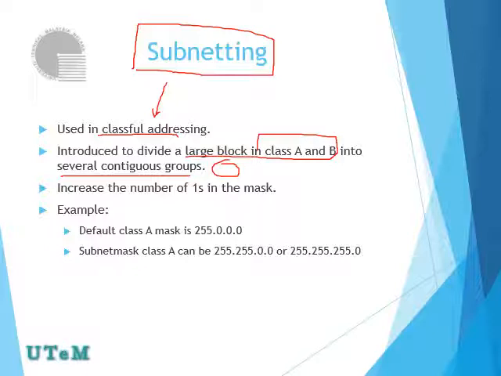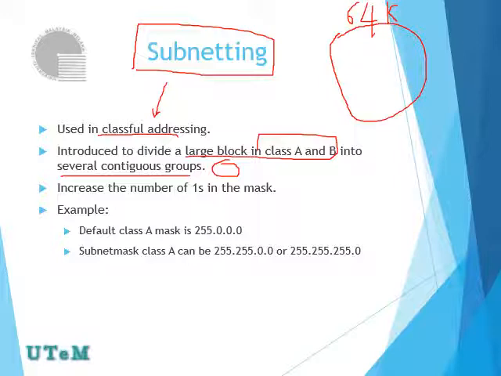Let's say you have a network of class B. Each block of class B consists of more than 64,000 addresses. So huge, isn't it?